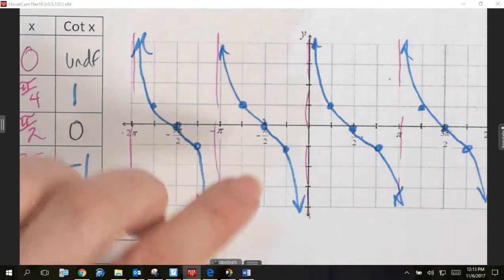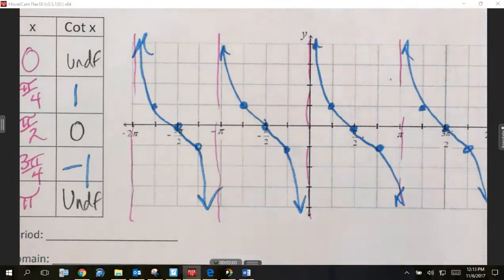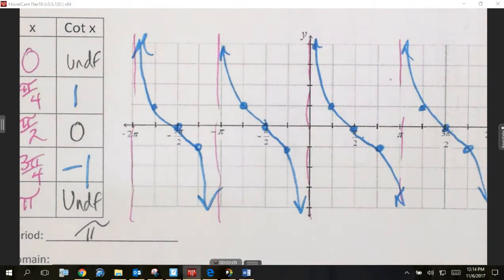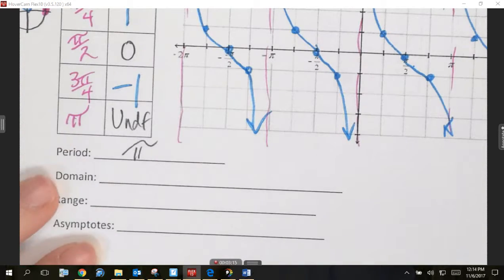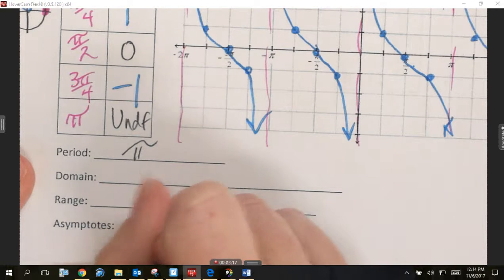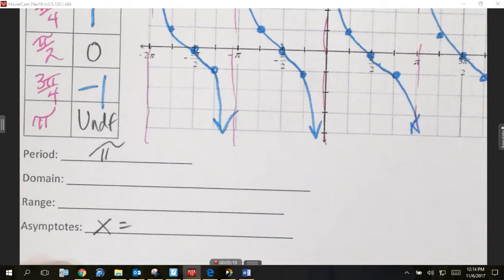So what's the period? How far apart are the asymptotes? Pi, thanks. Good job. For domain and asymptotes, start with the first positive asymptote. What is the first positive asymptote on this graph? I should rephrase that. First non-negative. 0.